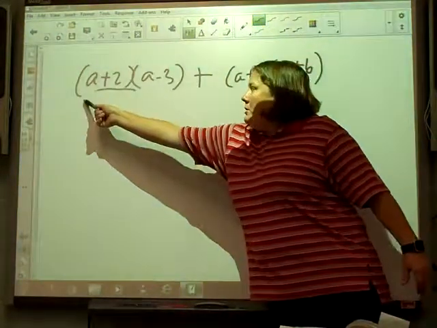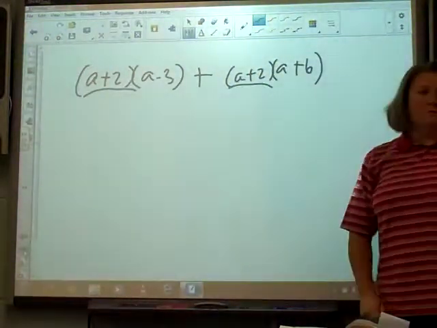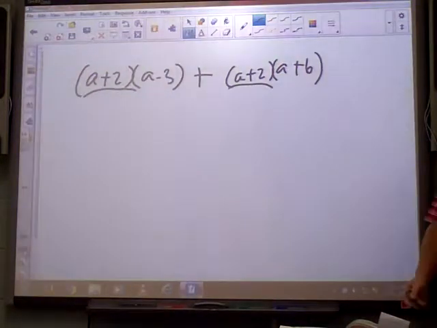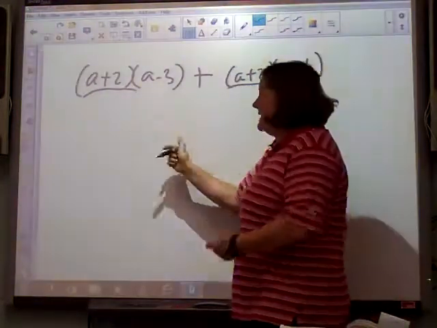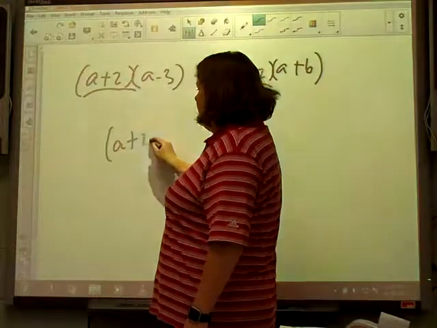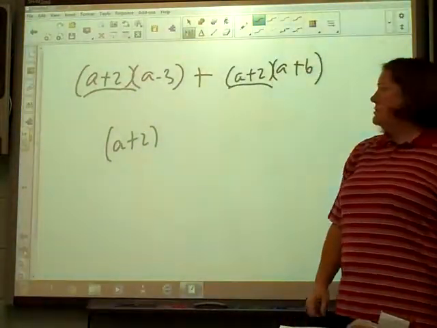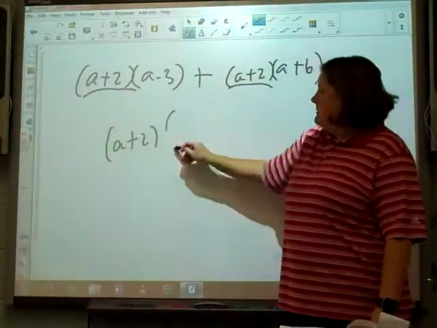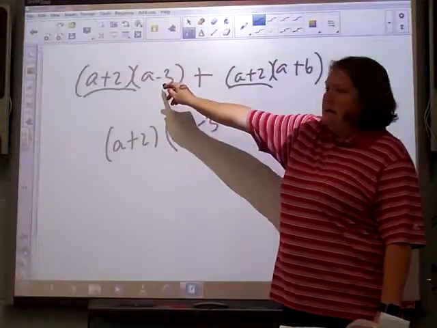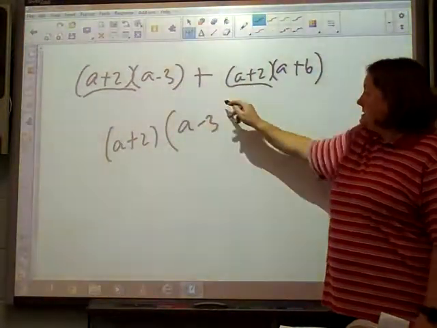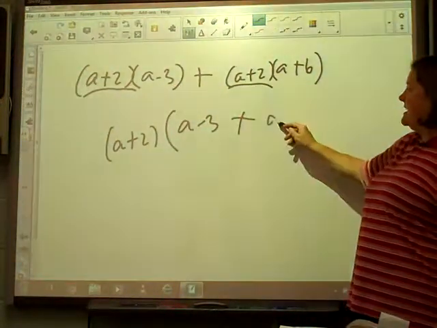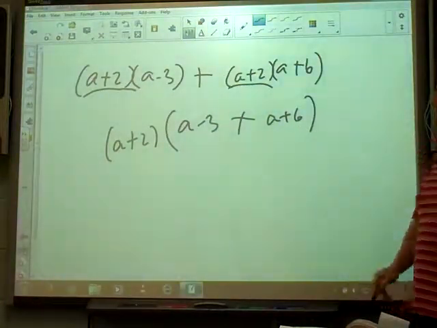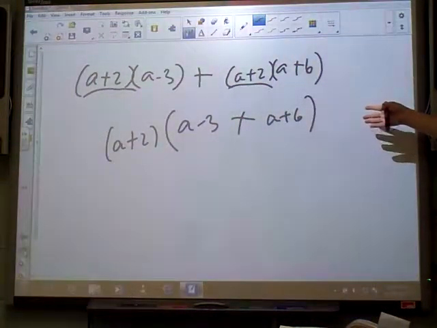They both have an a plus 2, right? So I can take the greatest common factor of a plus 2 out. When I do, that leaves me with a minus 3 plus a plus 6.